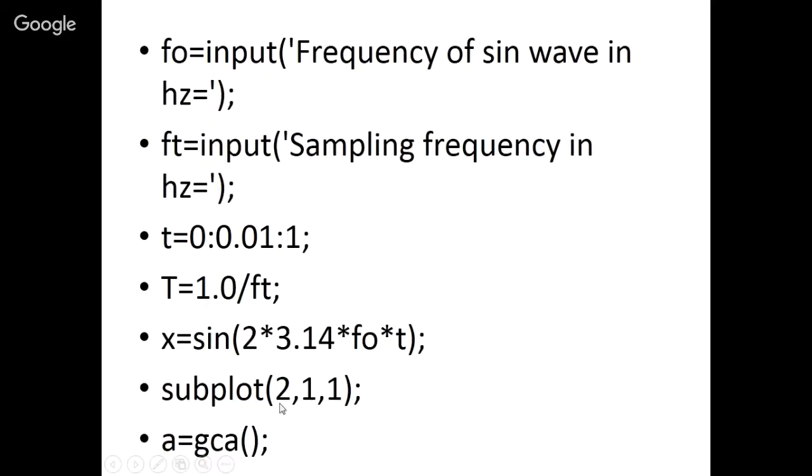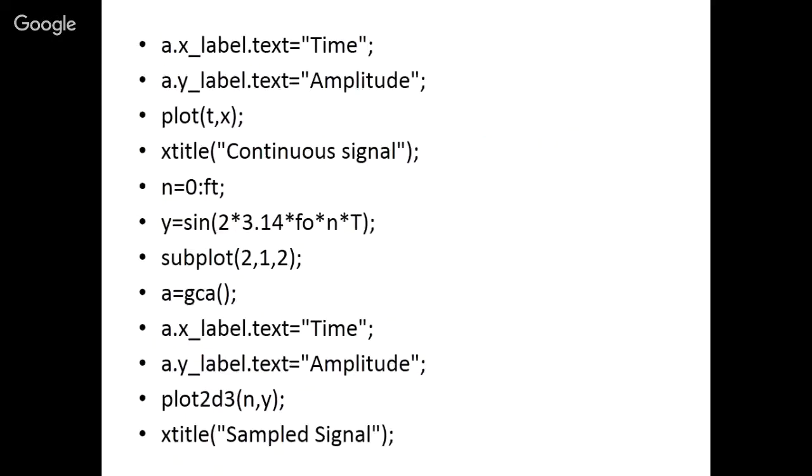After that, we do the plotting and set the label texts. You change the x label and y label, and the title you have given. Now this part is the quantization part. We know that if we change t to nt, that is the quantization. So what we are doing here is n equal to 0 to ft, our sampling frequency range, because ft we have taken as the sampling frequency.